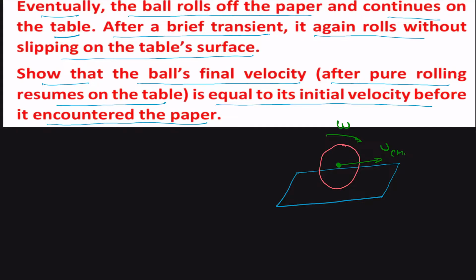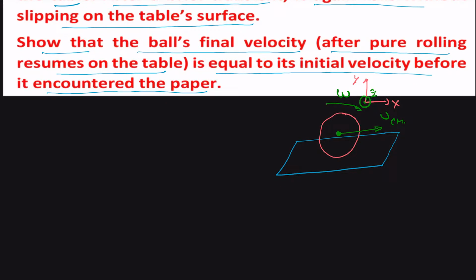Let us define our x-axis, y-axis, and z is out of the paper. So this is our z unit vector. This is the surface on which it is moving, and R is the radius of the ball.